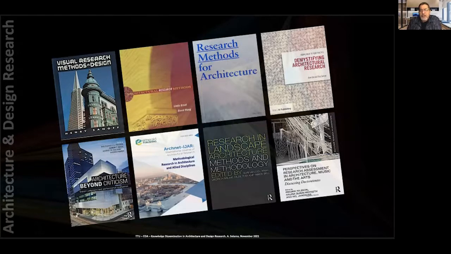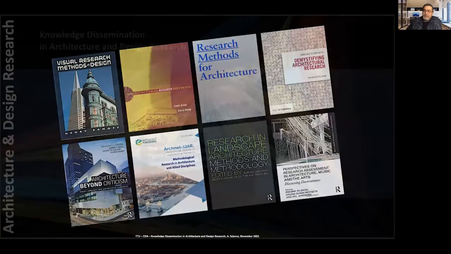Because we always see architecture criticism compared to assessment research as either-or. Here, the argument of that book, Architecture Beyond Criticism, for example, is trying to look at them as equally important paradigms of thinking required for the development of knowledge. And of course, research in arts and humanities, landscape architecture, and many others.